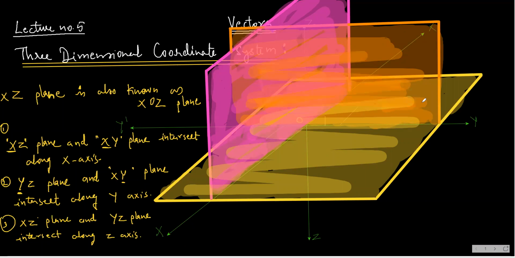So where would they intersect? They would always intersect here, along the Z axis. This is the point of intersection of these two. You check this, they are intersecting here.